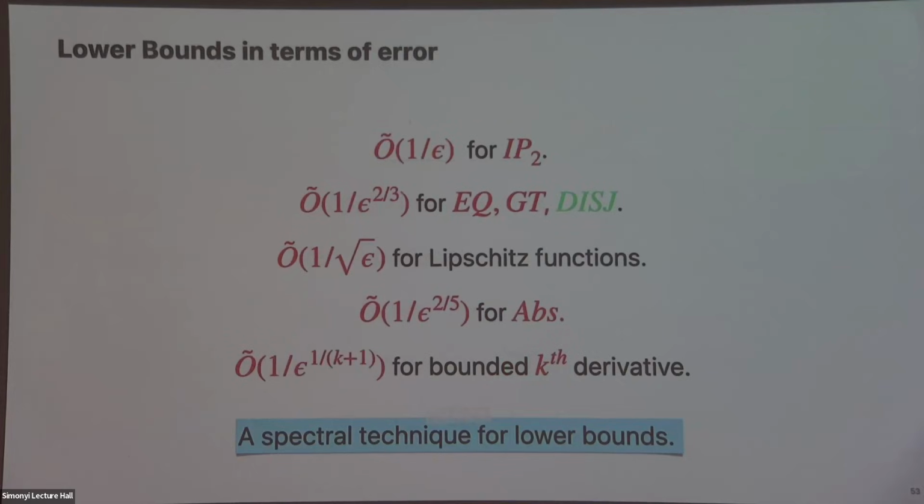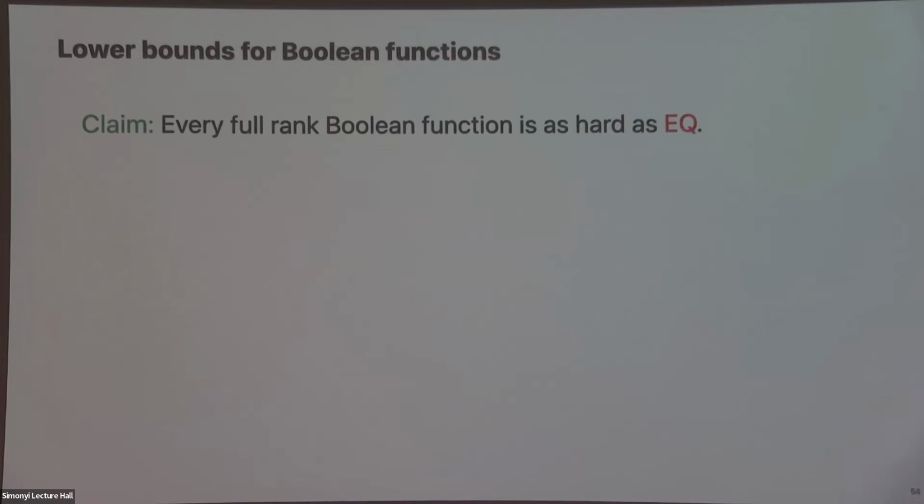Okay, so now we've seen that all these lower bounds are tight. Let's talk about this. Why Boolean functions are 1 over epsilon to the 2/3 hard, and then I'm done. So the claim is that in some sense, every full rank Boolean function is no easier than equality, right?